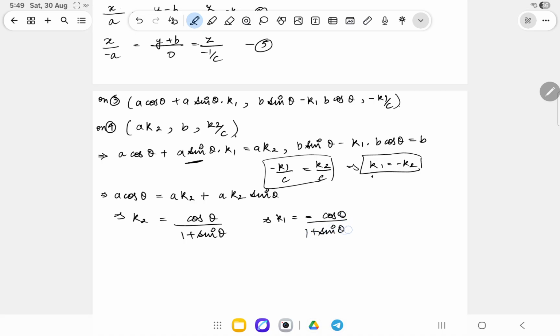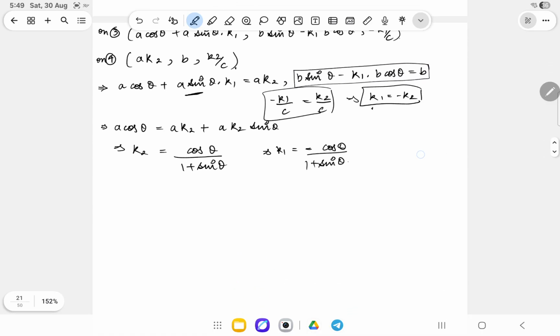Let's substitute this value here and see if it satisfies this equation as well. It gives b sin theta minus k1, that is cos theta upon 1 plus sin theta, into cos theta is equal to b.